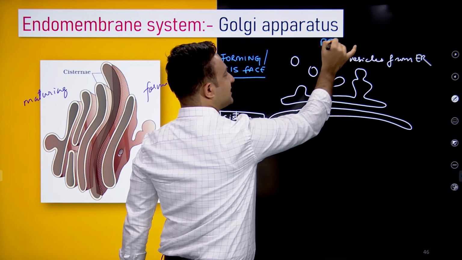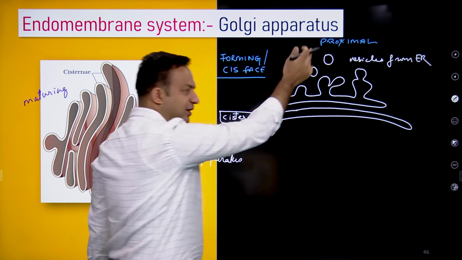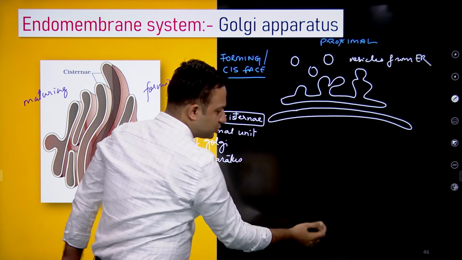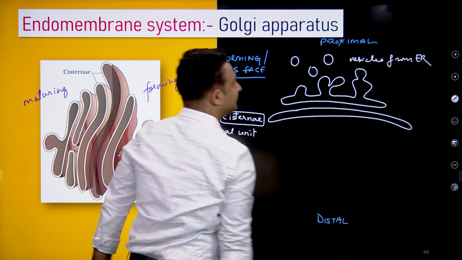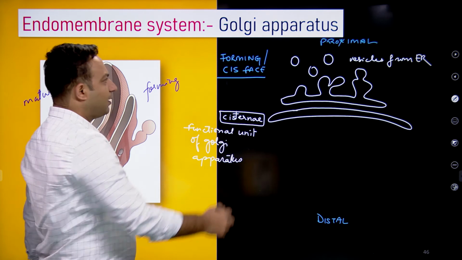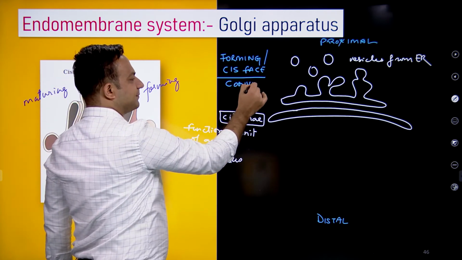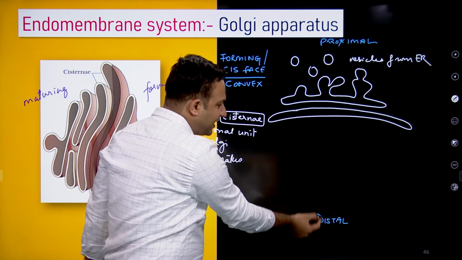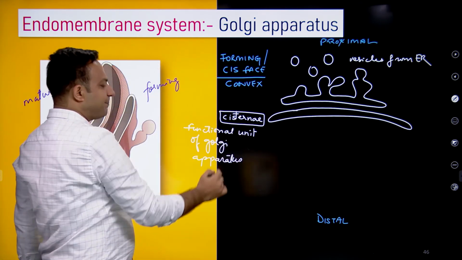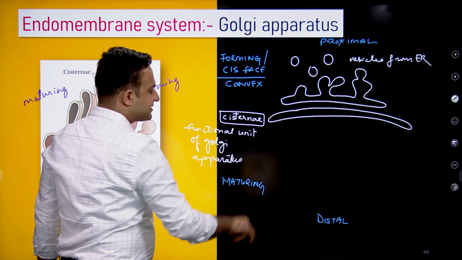I will say this is proximal, being the nuclear side, and this is toward the cytoplasm, means the distal face or the distal side. Okay, on this proximal side it is appearing convex, fine, and on this distal side, here I will say maturing.